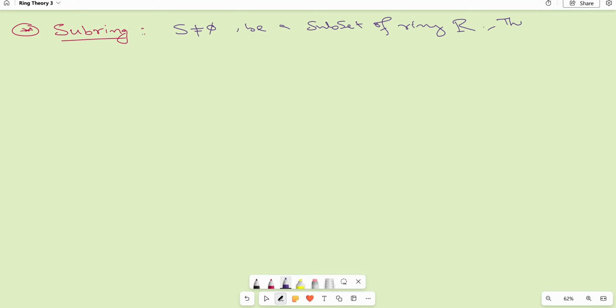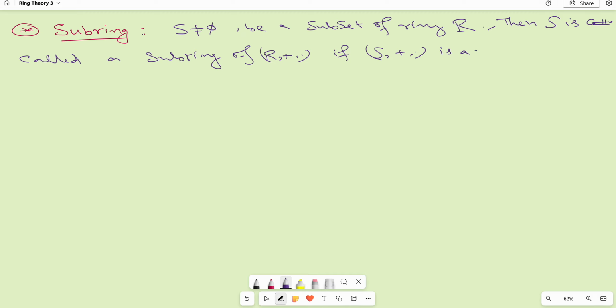Then S is called a subring of R plus dot if S plus dot is a ring itself.